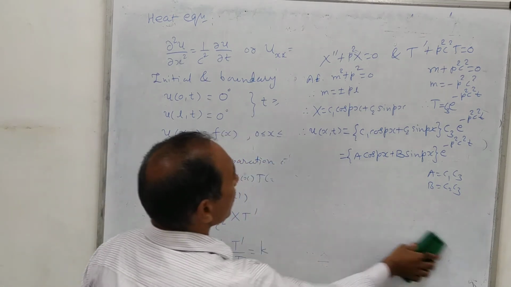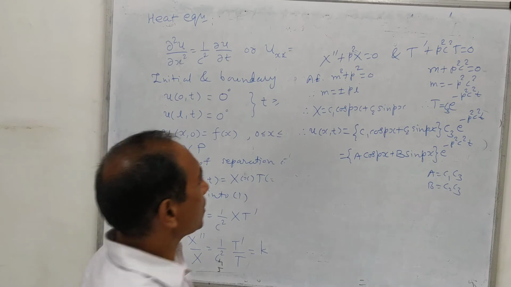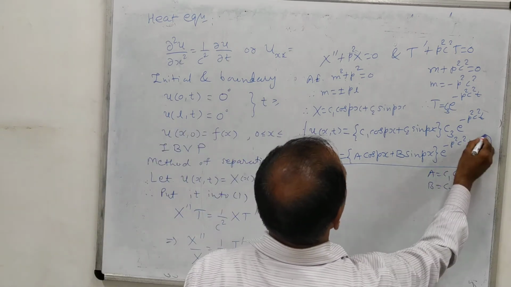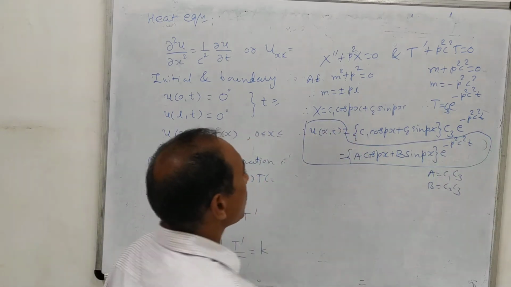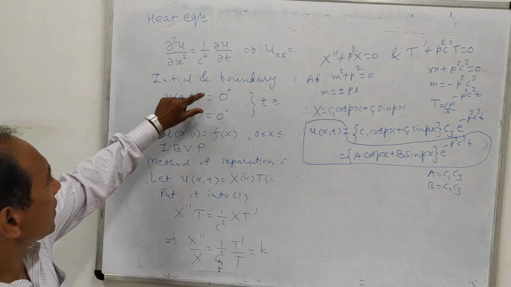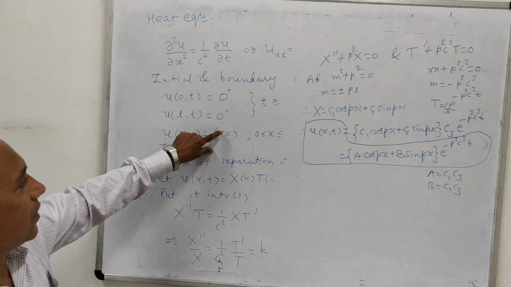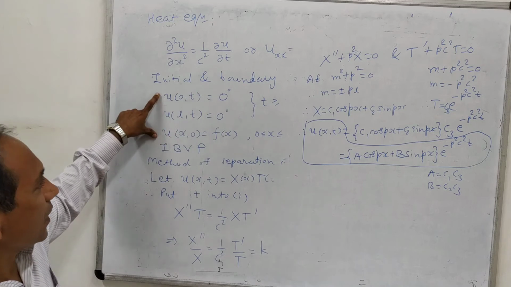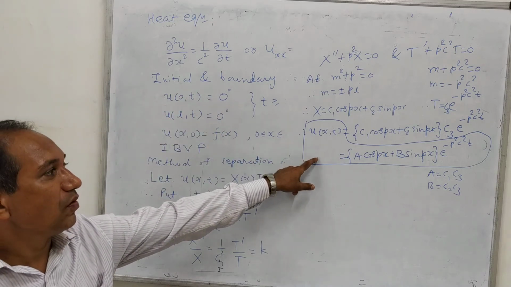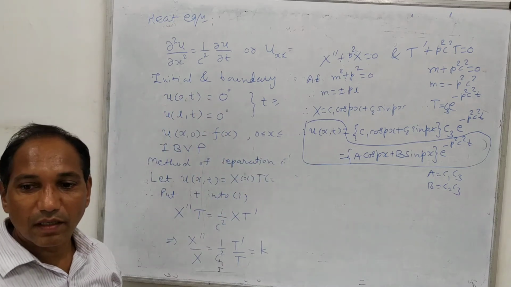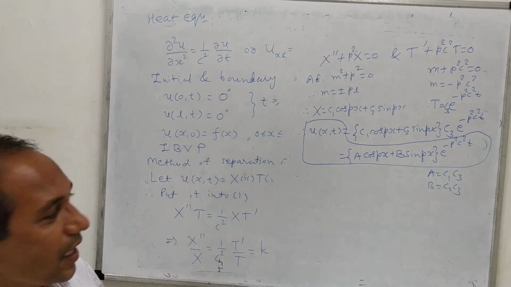So this is the solution, and you should remember this solution, because sometimes if the conditions are given other than this one, then we can continue from here in the solution process of the examples.